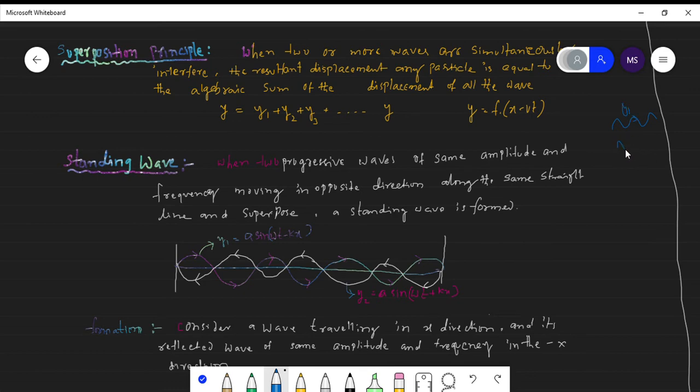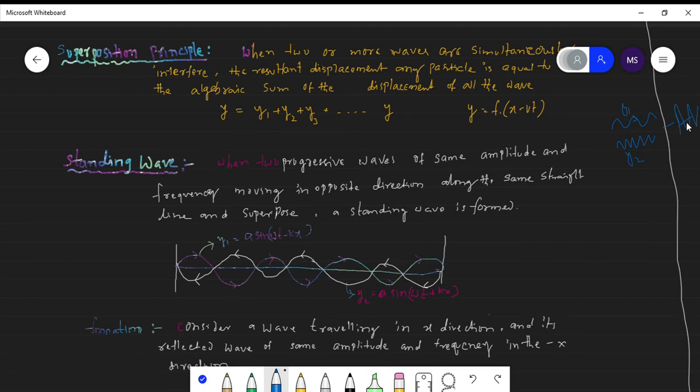This is another wave, and the displacement of the wave is y2. Like that, all the waves are superimposing with each other, or simultaneously interfering with each other. So therefore, we can get one resultant wave like this.